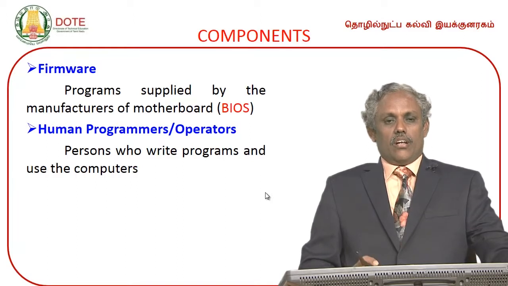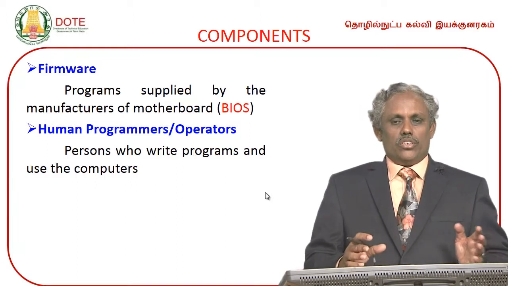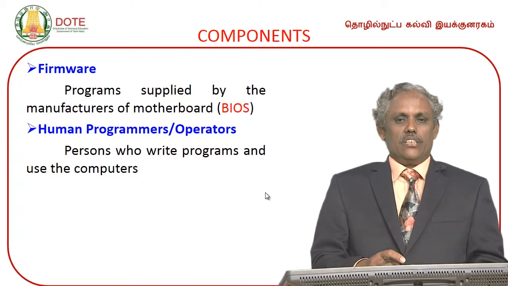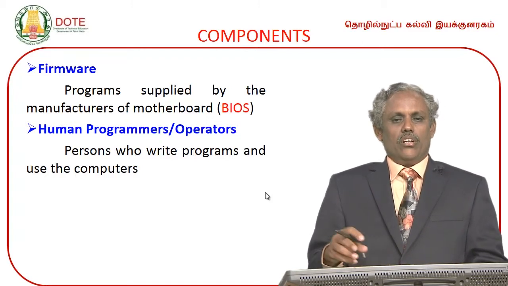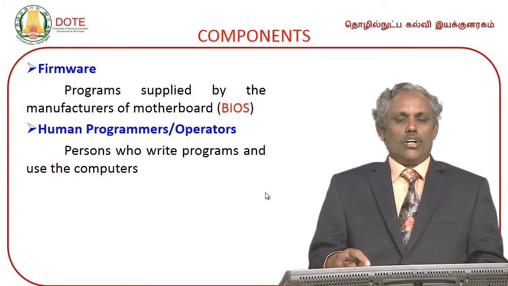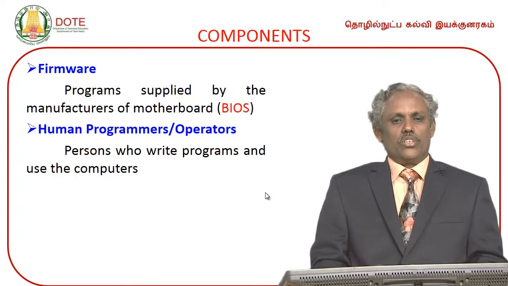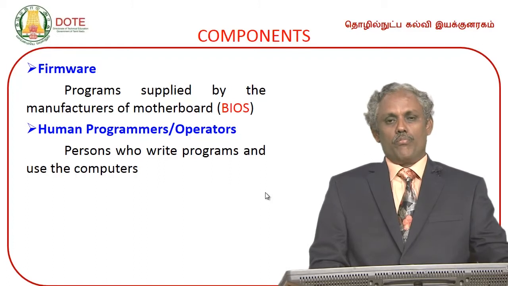Then if you have all those systems, the physical devices and the software and the firmware, we still need operators or programmers to use the computers effectively. So, humanware or human operators are also very important.